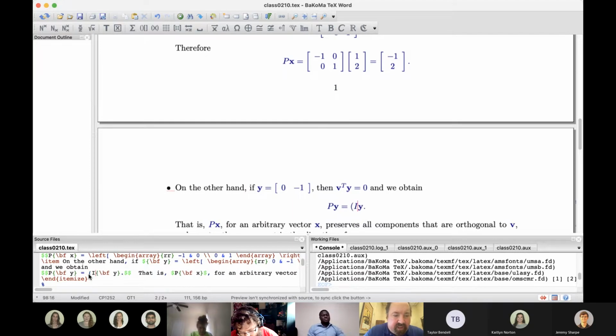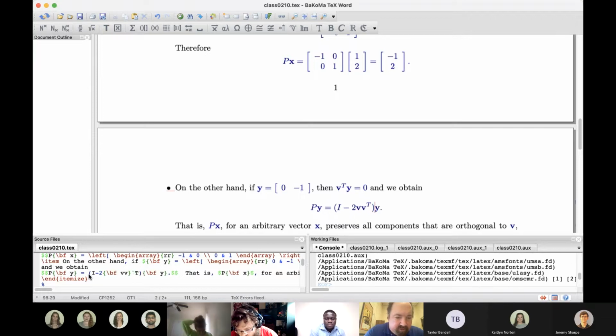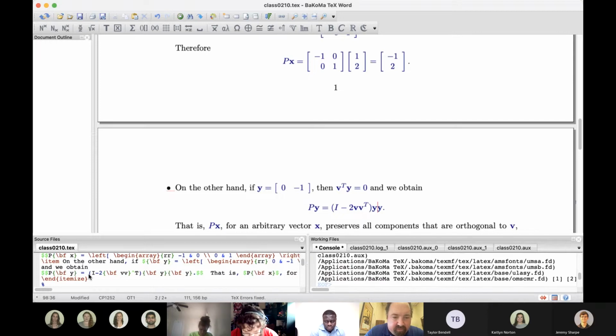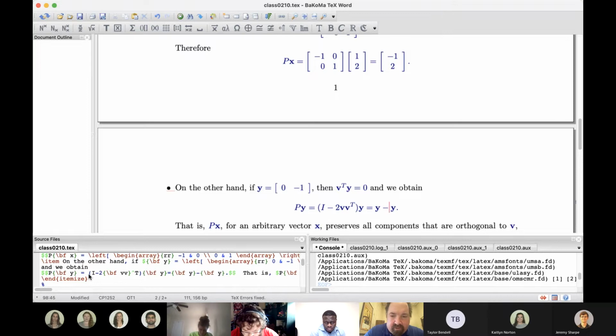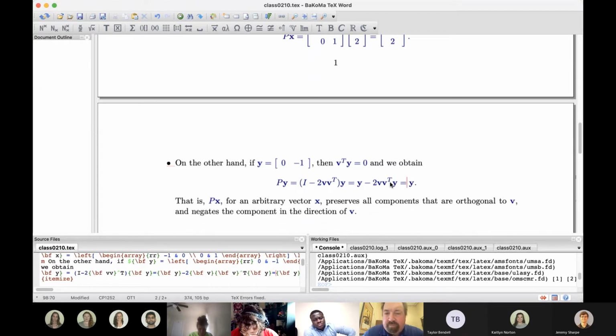That's identity minus 2vv transpose y, but that's the same as y minus 2v v transpose y. But v transpose y is 0. So I just get y here.